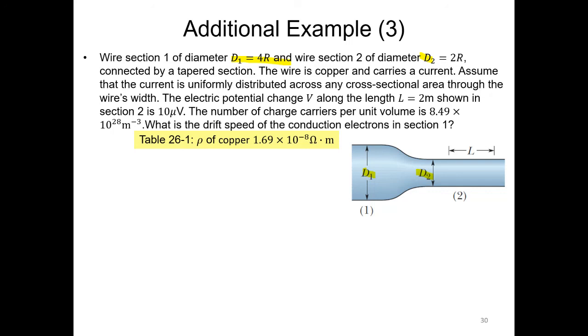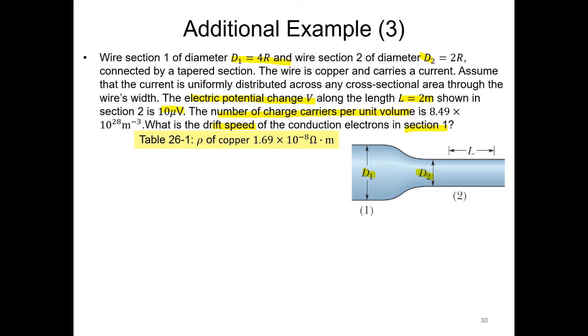The wire is copper and carries a current. Assume that the current is uniformly distributed across the cross-section area through the wire width. The electric potential V along the length L equals 2 meters shown in section 2 is 10 microvolts. The number of charge carriers per unit volume is given. What is the drift speed of the conduction electron in section 1?